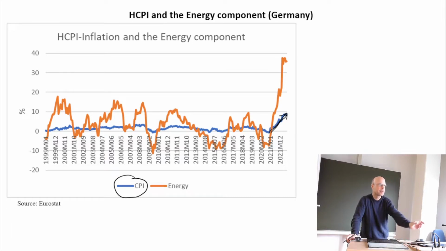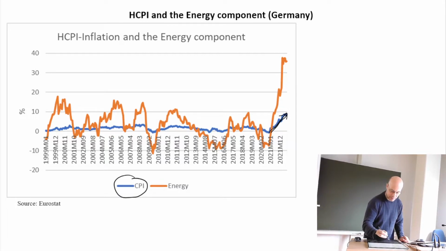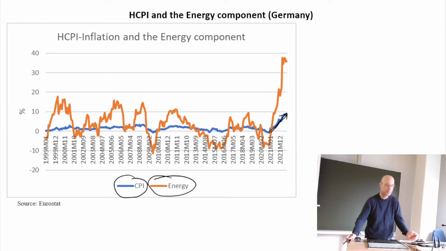So there are some goods, when we are going to the gas station, then of course, the price of gas is directly entering the CPI. And if we take only these energy goods, which directly enter the CPI, we have here in the orange line the development of the energy component. And there, of course, you see that this energy component is much more volatile than the total price index itself.